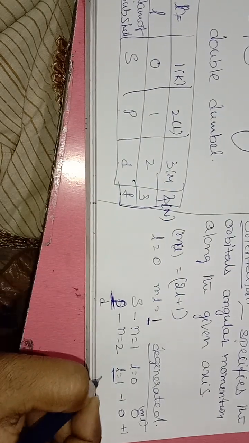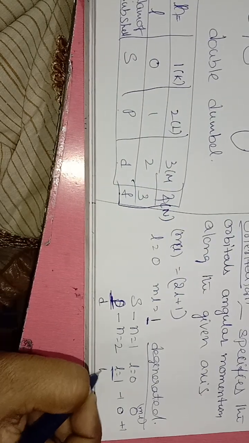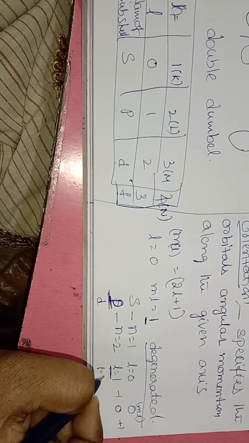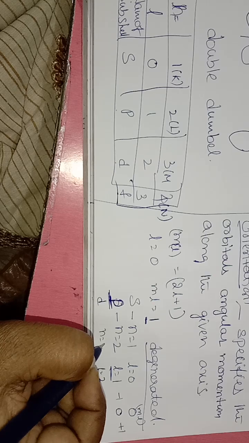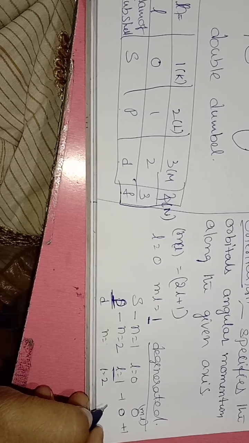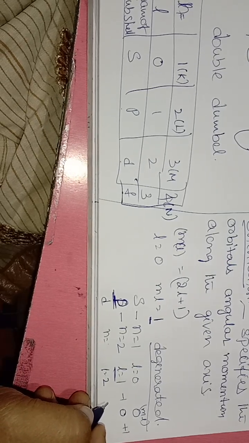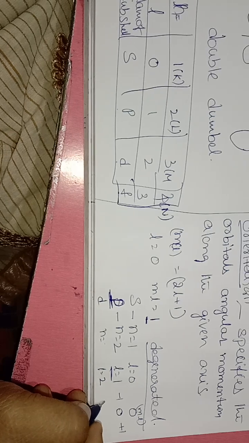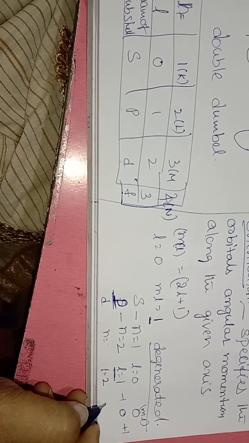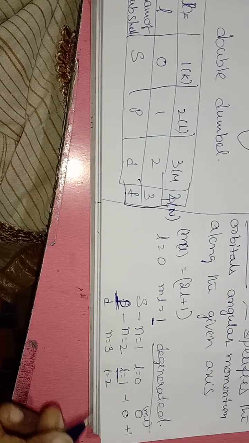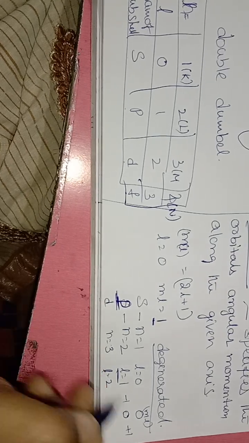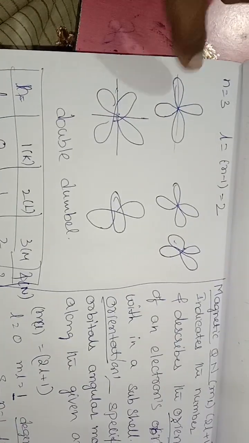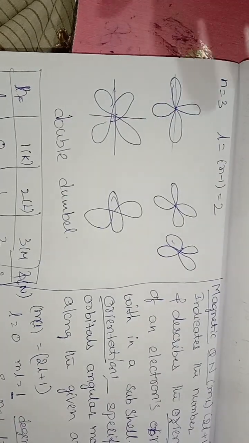Next, double dumbbell, L value will be 2, n is 3. How many dumbbell shapes do we have? 5, so we have to assign 5 values.